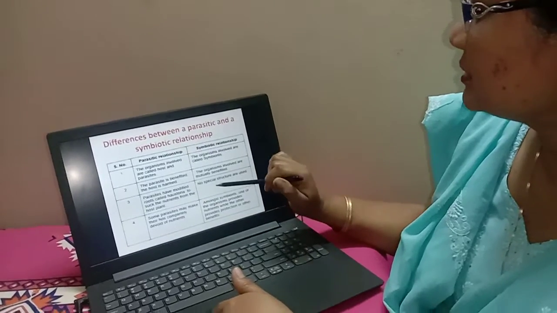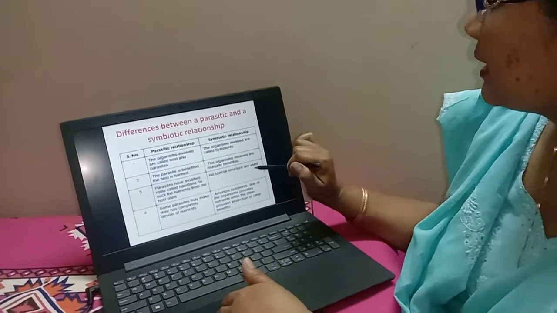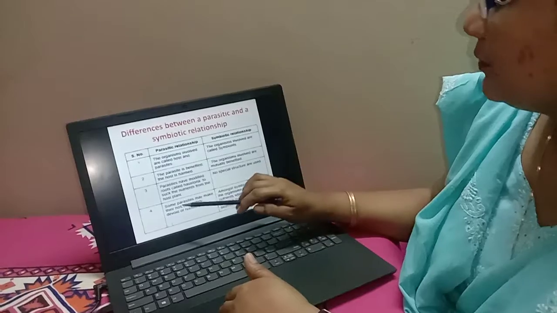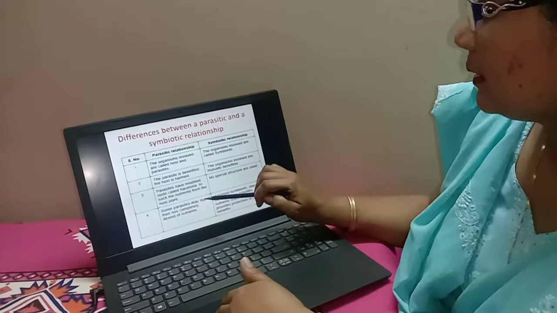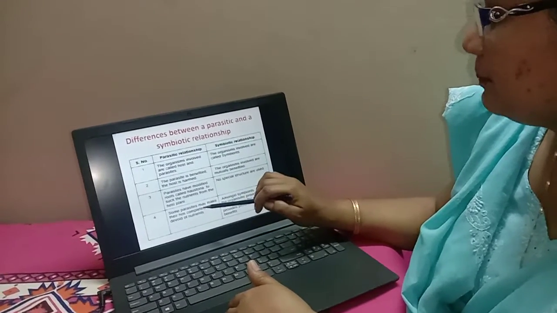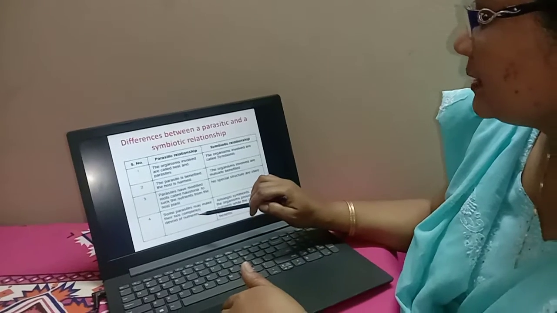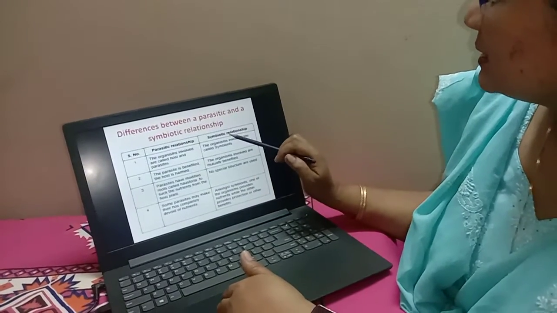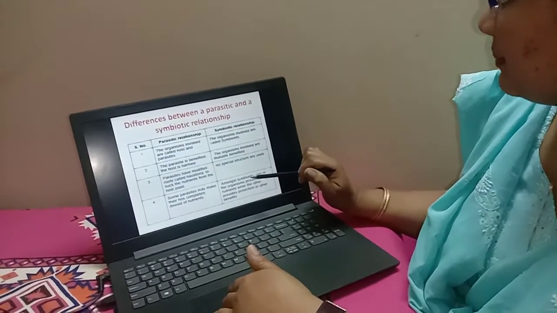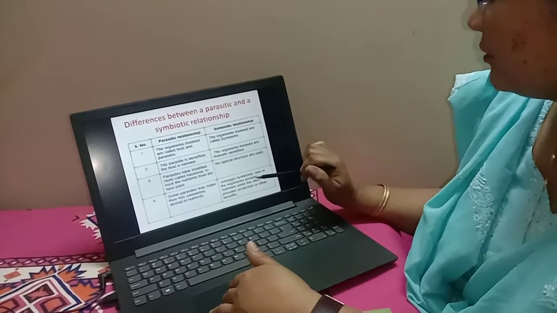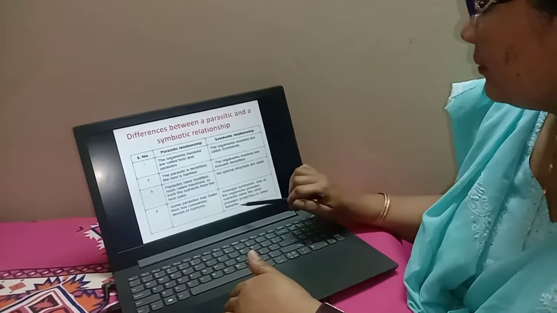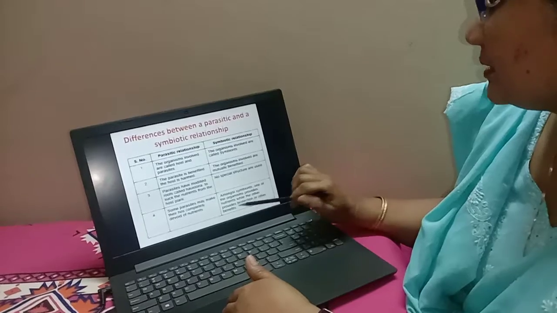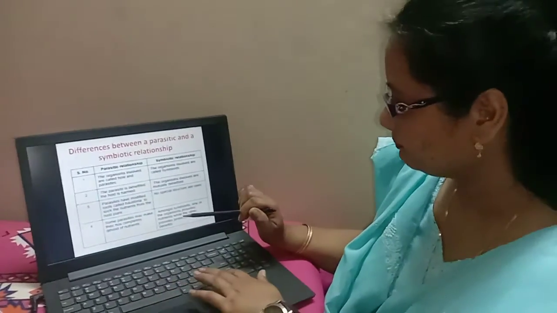But in symbiotic relationship, no special structures are used. Number 4, some parasites may make the host completely devoid of nutrients. But in symbiotic relationship, amongst symbionts, one of the organisms provides nutrients while the other provides protection or benefits. Right? Clear? Okay.